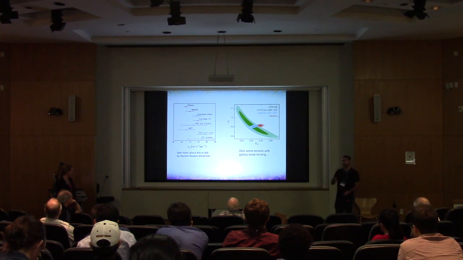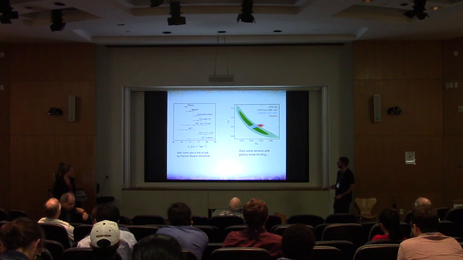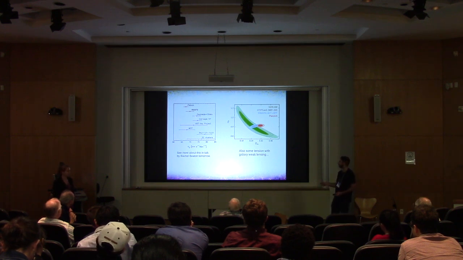Okay, so let me address one of the things that you mentioned about different data sets. The one thing that's often brought up, it's not on this plot, is the H0 constraint from Planck and the H0 constraint from the South Pole Telescope, which is essentially the next tightest constraint on H0 besides Planck and WMAP. The South Pole Telescope one tends to favor values that are closer to the WMAP central value, but the error bars are big.